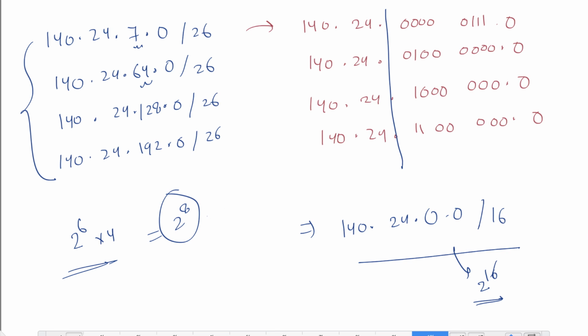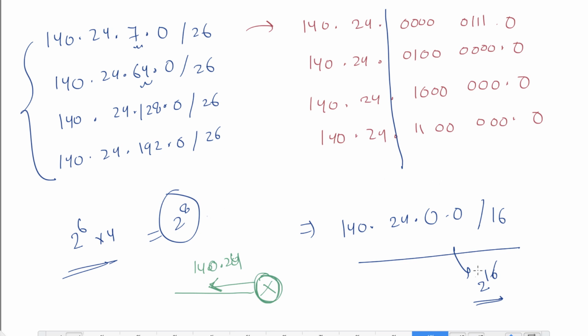Your question is valid, and the answer is that we are not actually merging them. It is just with respect to this router. For this router, if something is starting from 140.24, then this router will send packets in this direction. This is with respect to this router only.